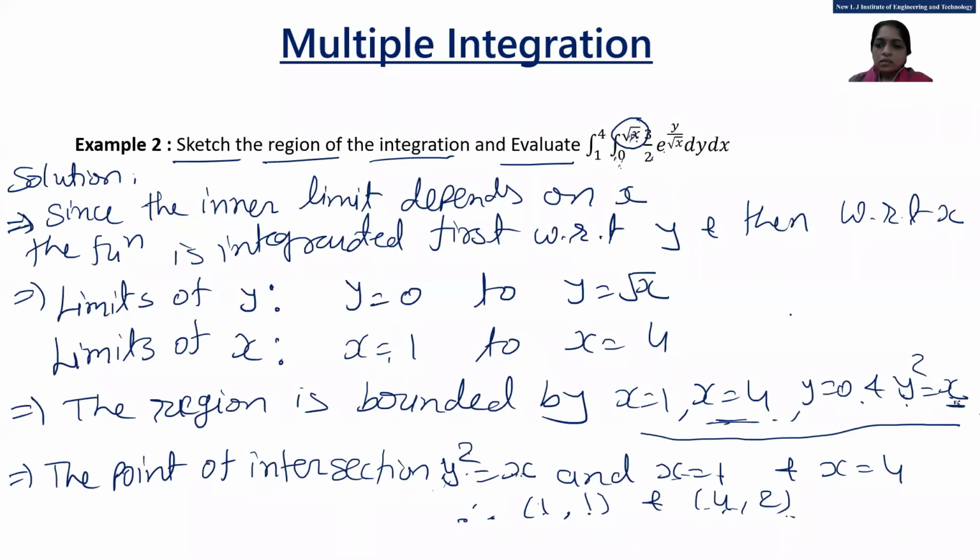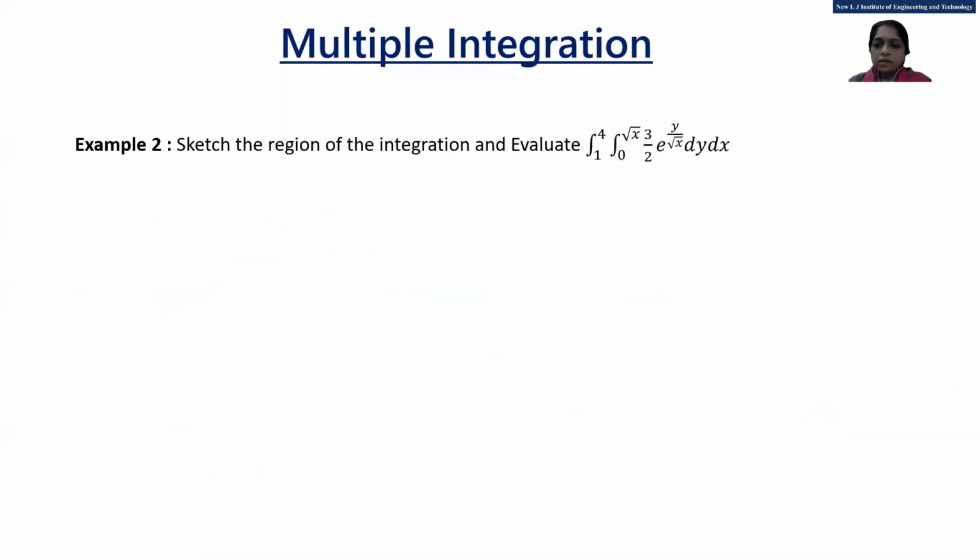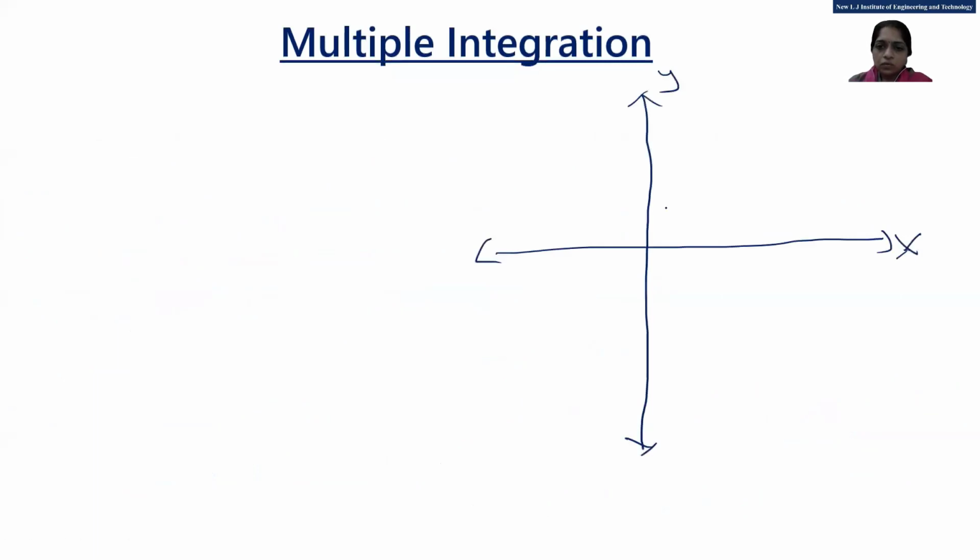Now, see, this is y square equal to x, right? So for y square equal to x, I will draw my parabola surrounding the x-axis.